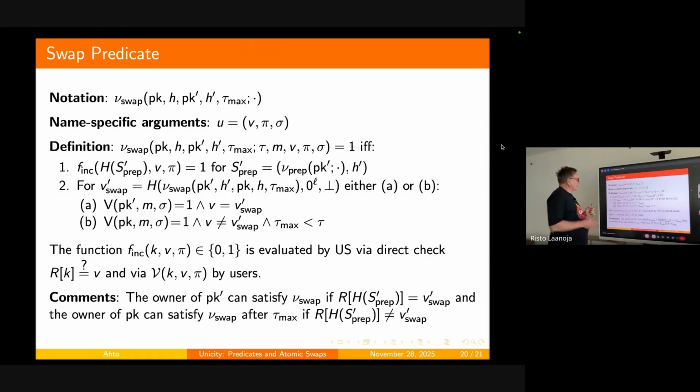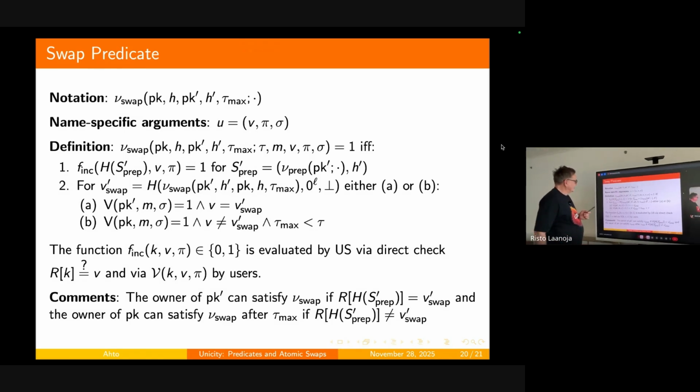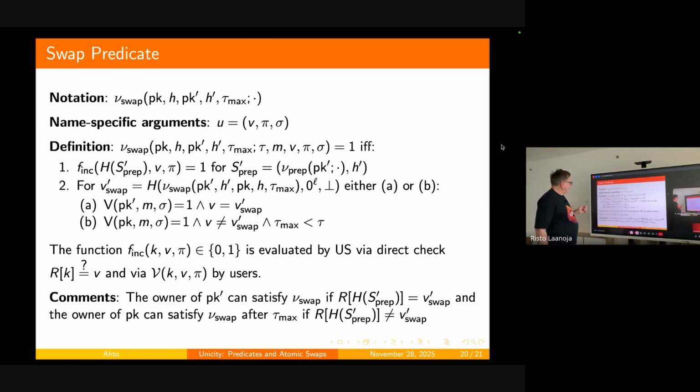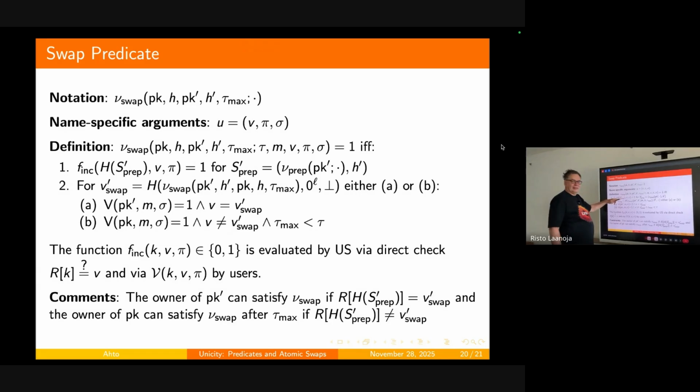So if we have pi, we can verify pi and check whether this is true or not. If we are at the Unicity service side, the Unicity service can just check whether V is stored at this key.